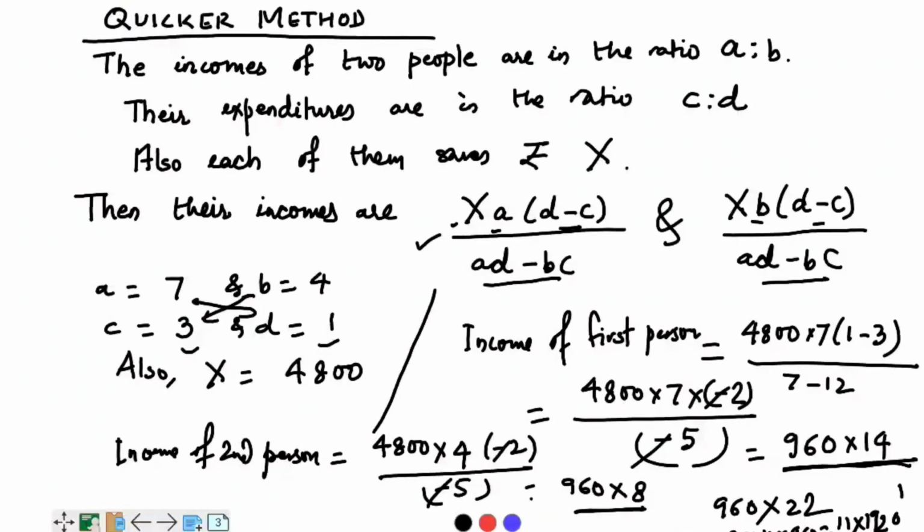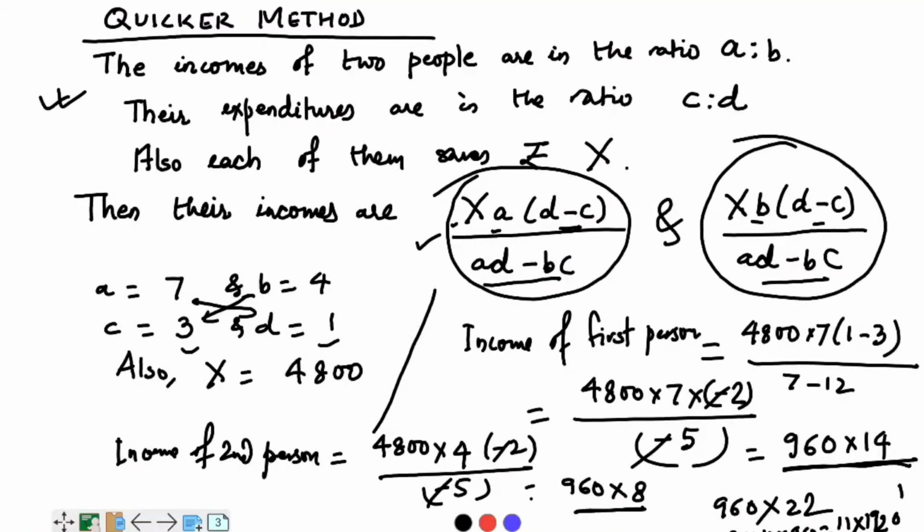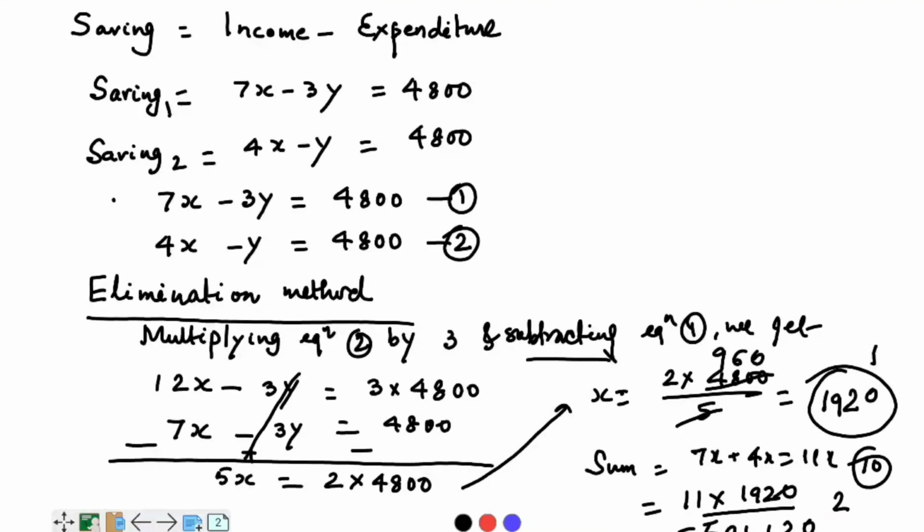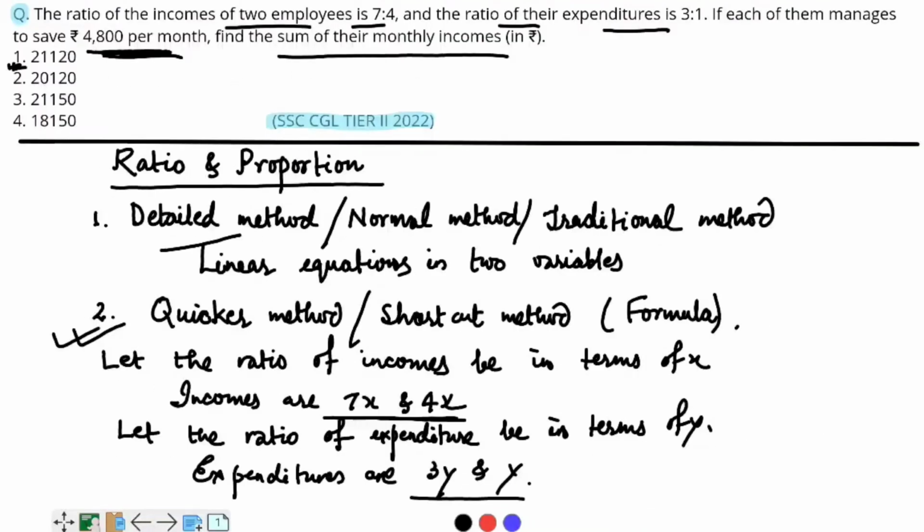So 21,120. This method is very good, but you will have to remember these two formulae. Otherwise it's not possible to do. But basically this is a very short answer, the quicker method. So I hope you like both the methods.